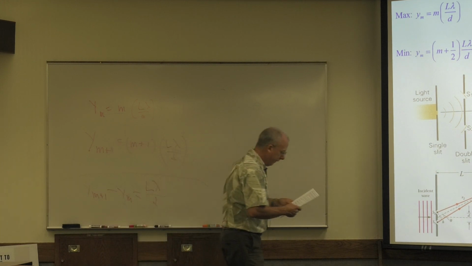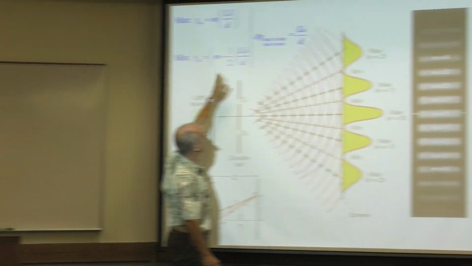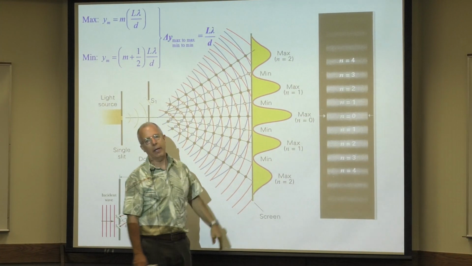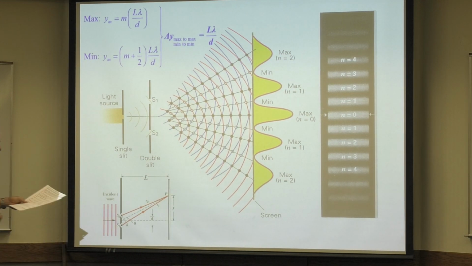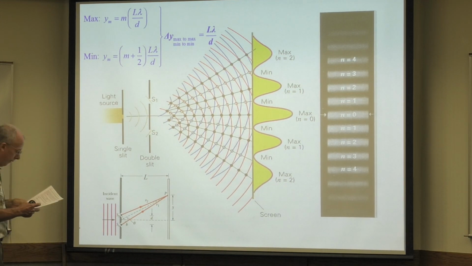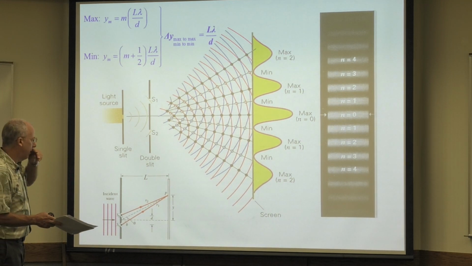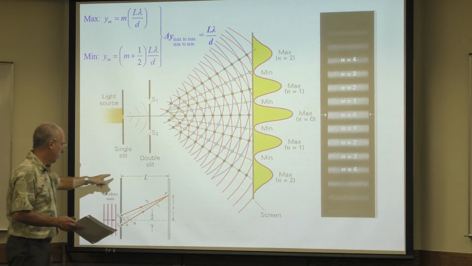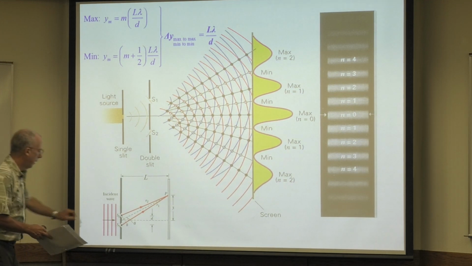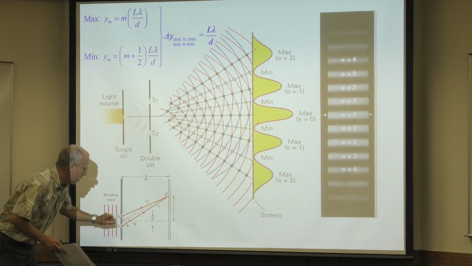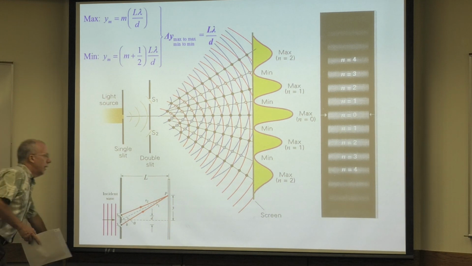Now, guess what? All of these results that we figured out exactly agree with the data, completely agree with the data. Of course, that gives you confidence that the wave theory of light is correct. And in the real world, it's very simple to measure L, this distance d, and the angle.